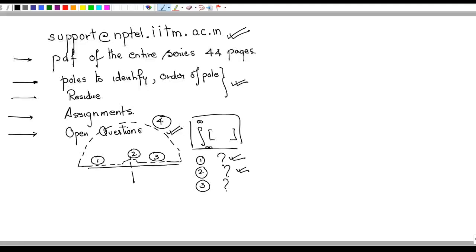Now, the names of the contours are fixed, so once a name is used, you should know what I am talking about. There is one which is an upper half circle contour. Upper half circle contour.